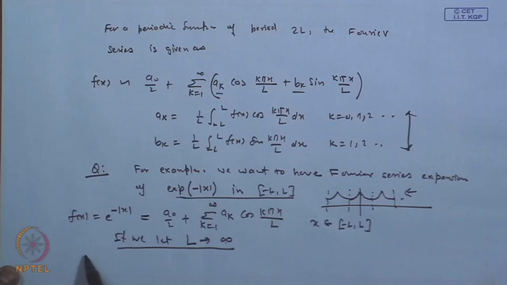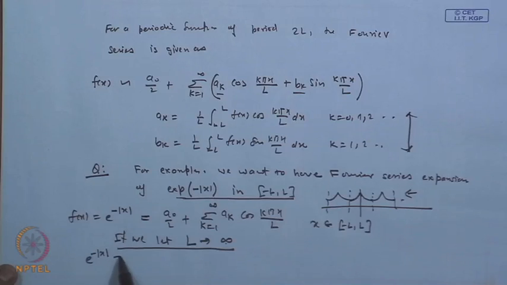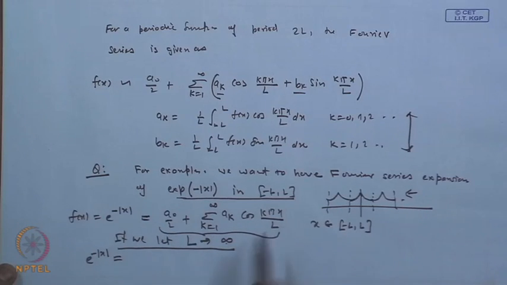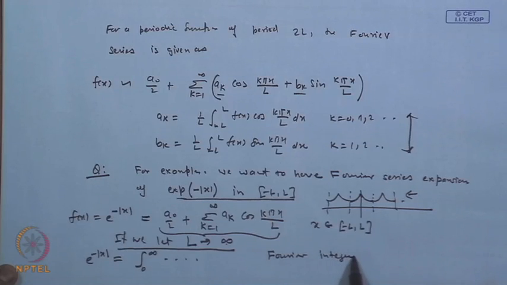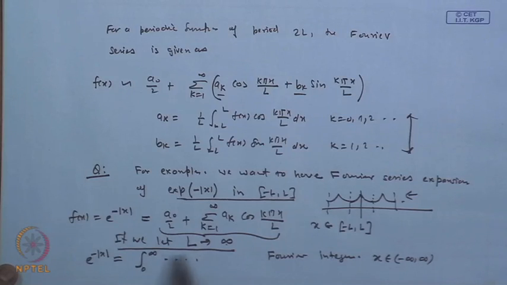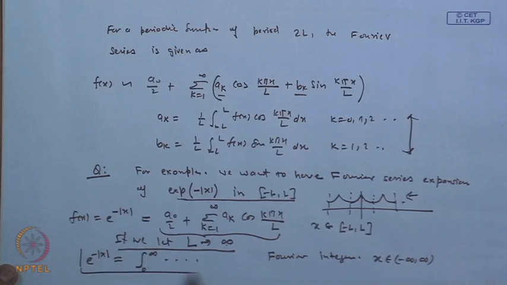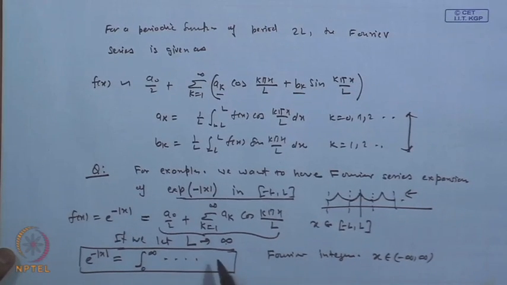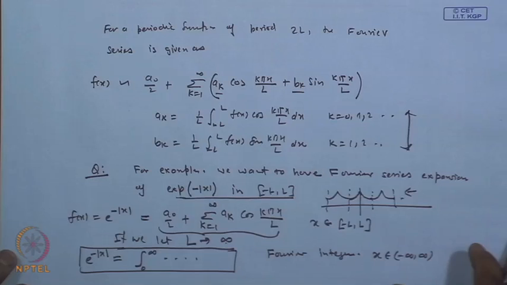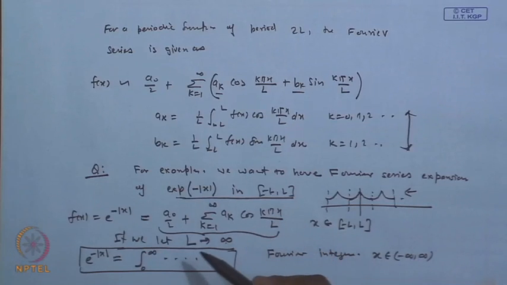We will see today that we can still represent this function as L tends to infinity, and then instead of this sum and series we will get an integral form, and this is called the Fourier integral, and this will be valid for all x from minus infinity to plus infinity. This is the main objective of this lecture: how to represent a non-periodic function with the idea we had already in the last lecture of Fourier series.